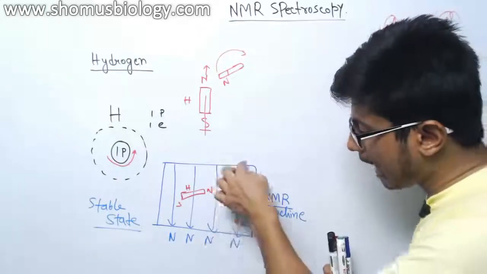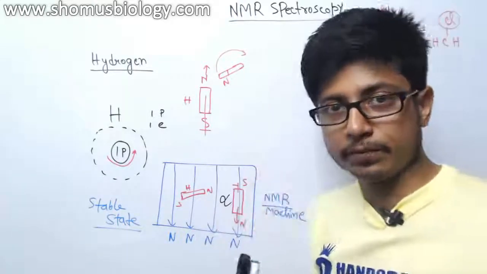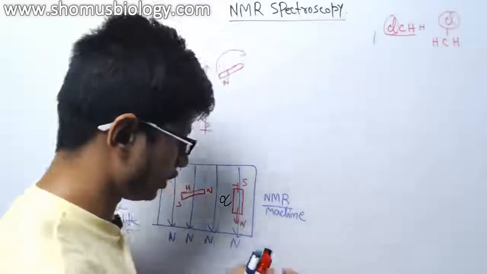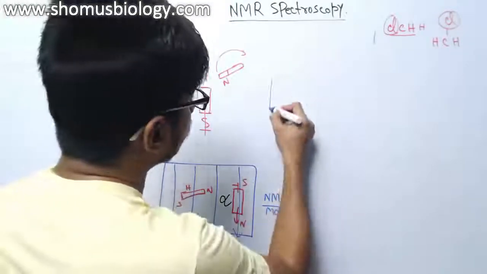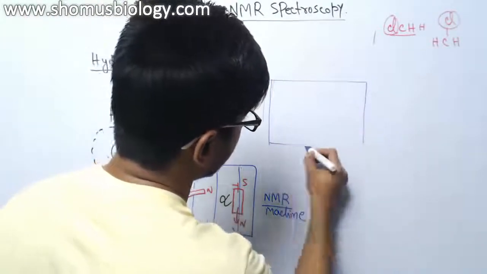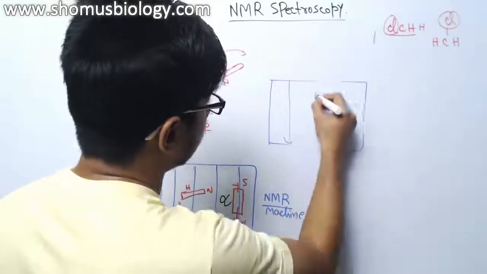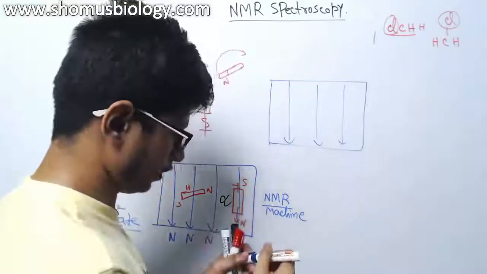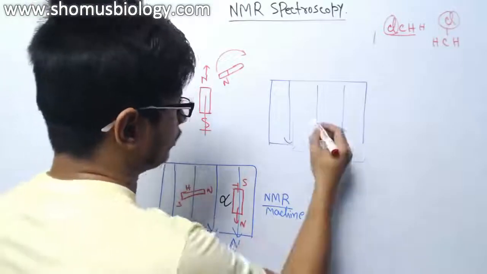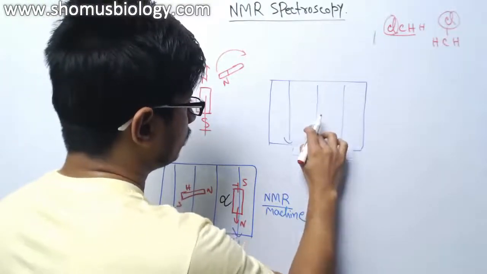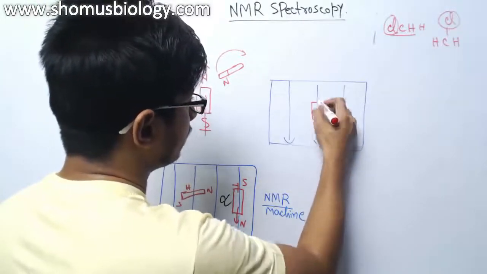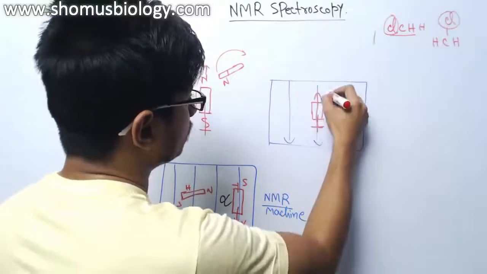When it spins back to the opposite orientation, let me draw the opposite orientation here as well. Let's say these are the directionality of the magnetic field. Let's say this is the one, and it is organized in the opposite direction.